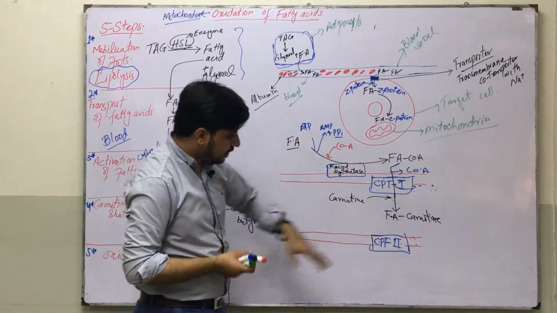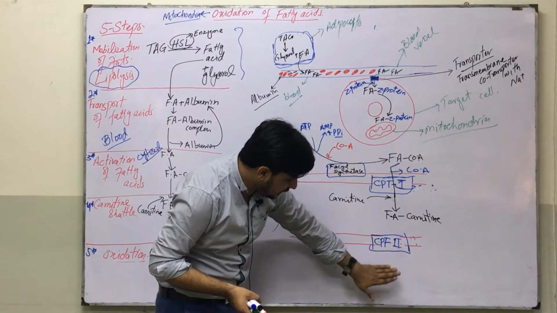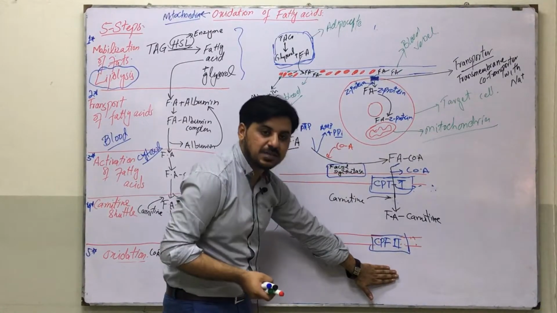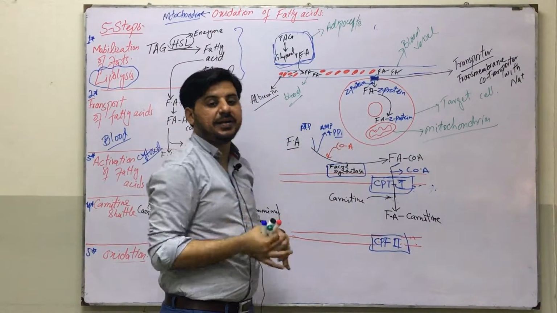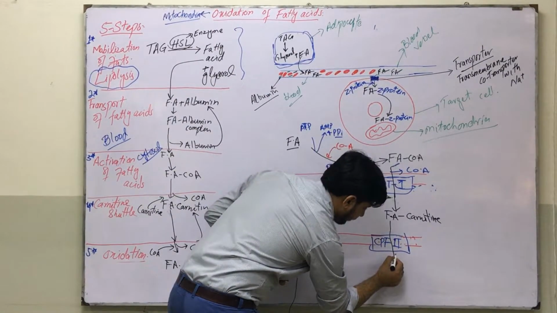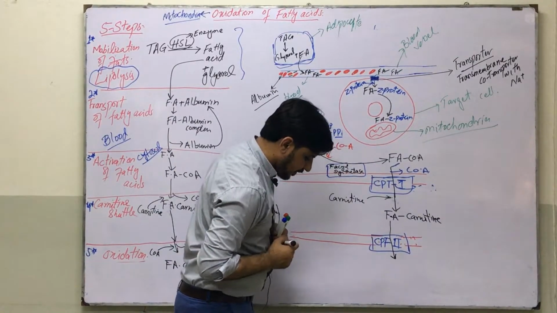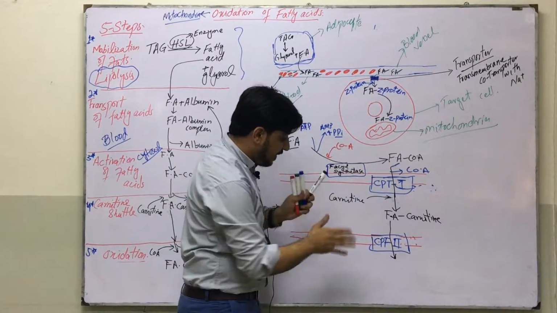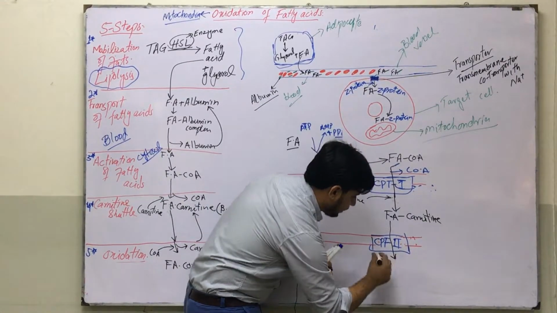With the help of CPT2, fatty acyl carnitine will enter into the matrix, and in the matrix this carnitine is removed and CoA is added, like this in the diagram you can see. And translocase is helping its transfer to the matrix, like this.